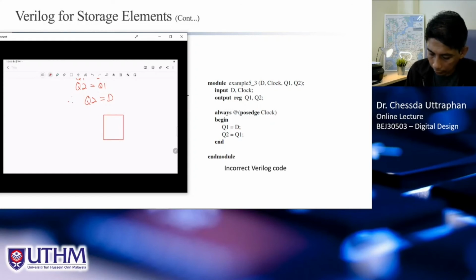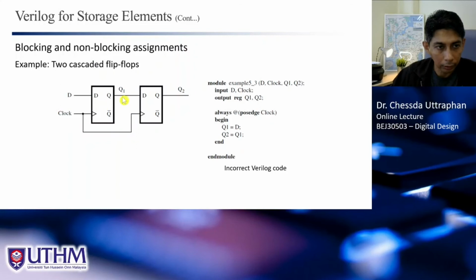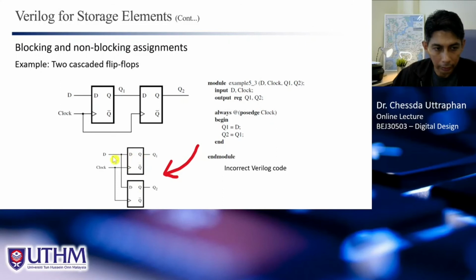You can get the circuit either this, D, Q2, not like this, or you may have something like this, D, Q1, and Q2 also equal to D, like this.